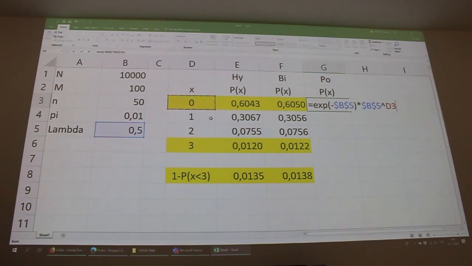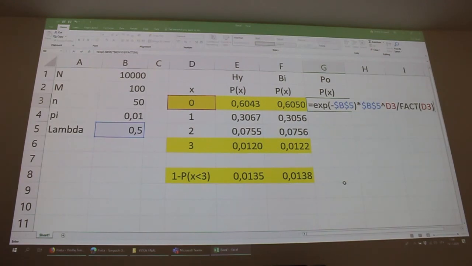Divided by, and in the denominator there is x factorial. Factorial has the function FACT. FACT returns the factorial of a number. FACT of x. X is the variable, so don't use dollars. And close the parentheses. And that's all.